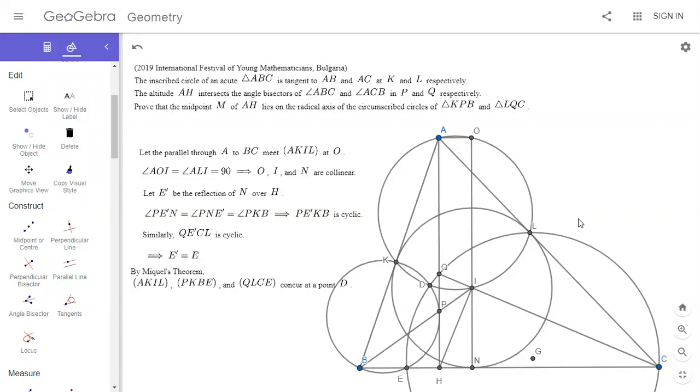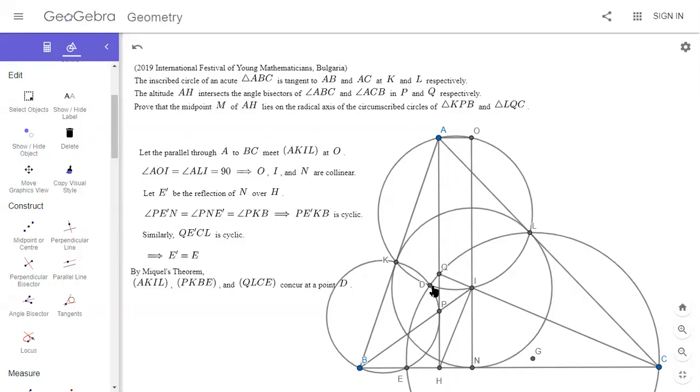Let's see. Maybe I'll try to show angle ODK plus EDK is 180. I think that might be better. So ODK is 180 minus OAK, which is angle KBE.